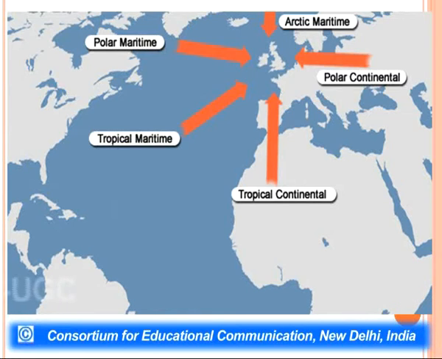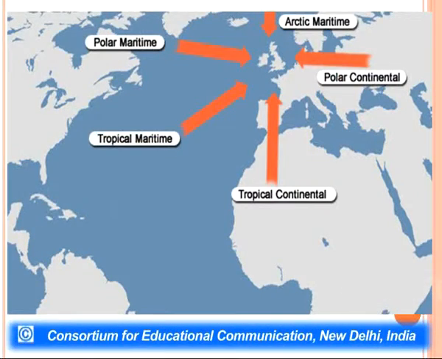Friends, before beginning the air masses of the Europe continent, you must be aware of the map of the Europe continent. Europe itself is a peninsular continent. It has a number of peninsulas, and the entire continent is a big peninsula. Therefore, the impact of air masses is more of an affluent kind.